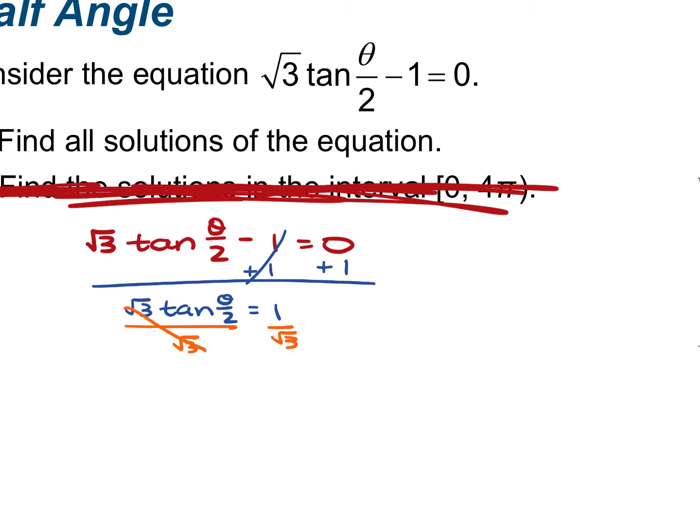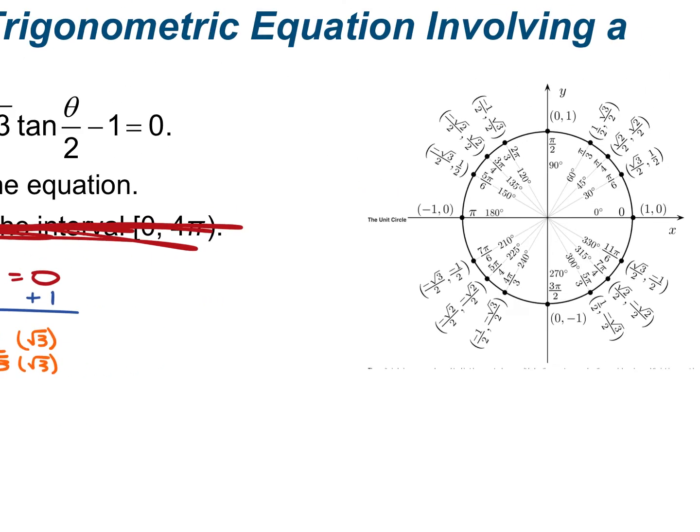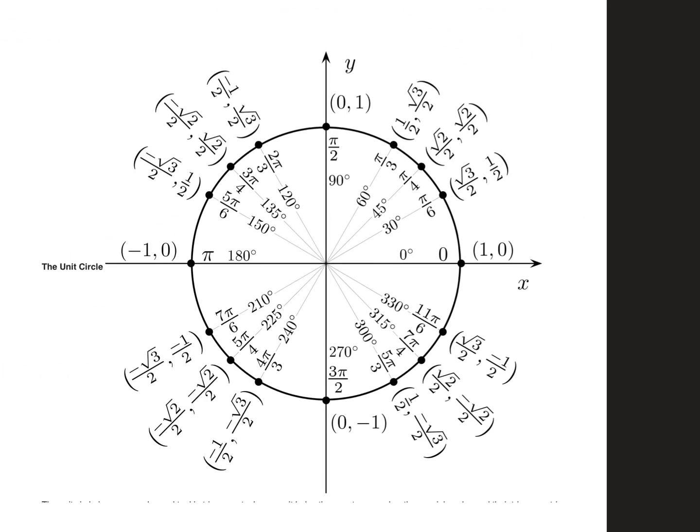Remember to rationalize your denominator. If you rationalize your denominator, you're going to multiply the square root of 3 by the top and the bottom of that fraction to give yourself tangent theta over 2 is equal to the square root of 3 over 3. Your whole idea is to find, using the unit circle, where tangent is square root 3 over 3. Meaning, you need to have both the same signs.